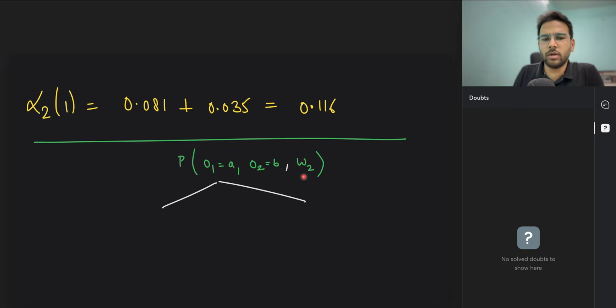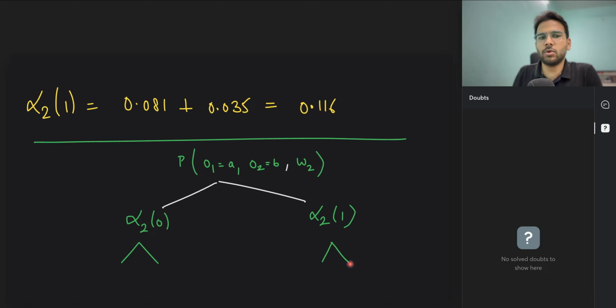And W2 can be 0 or 1. So based on that, we did this, and then we further divided it. This is what we have done actually. Okay, let me just write this also for you.